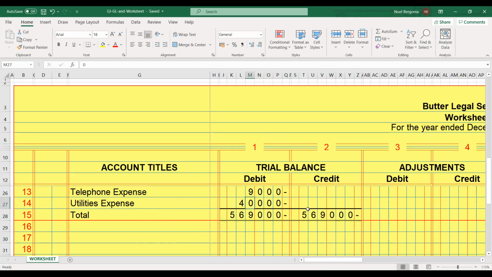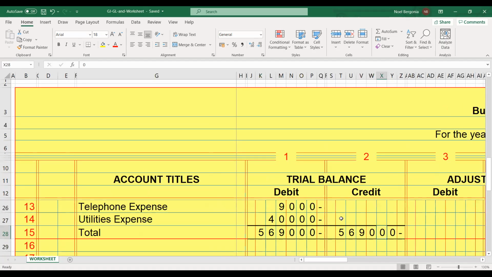So ayan po, makikita ninyo, nasa dulo siya ng column 1, itong red part, tapos hanggang dulo rin ng column 2. So I wish na ganun din yung gawin ninyo class, once you prepare this worksheet. May I request that you use a ruler to really straighten up yung ating line. I don't want to see crooked lines, okay? And after nitong total na 569,000, meron siyang double rule.